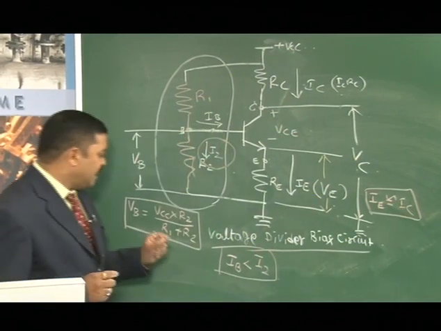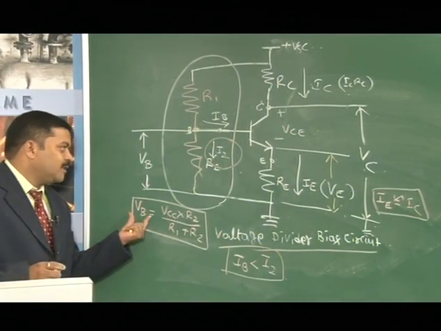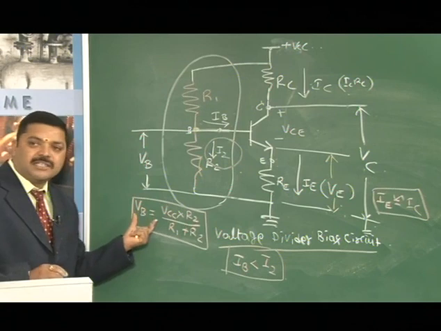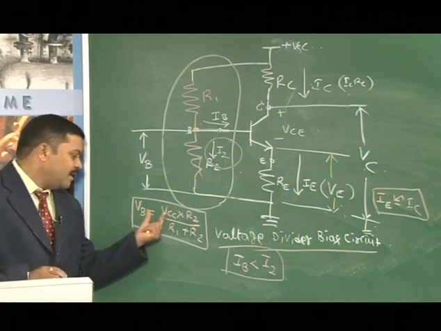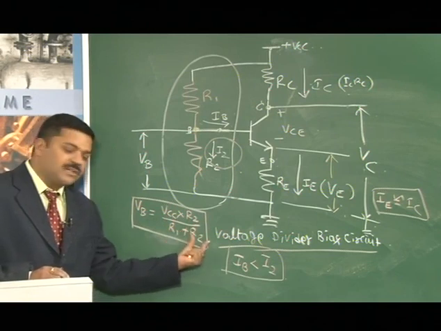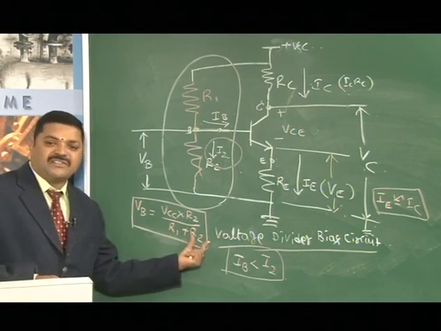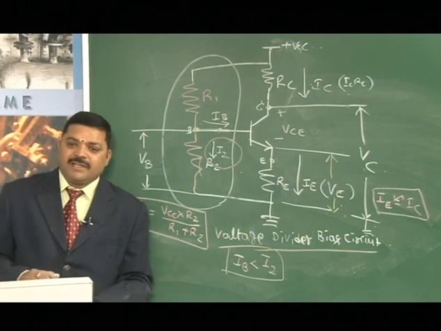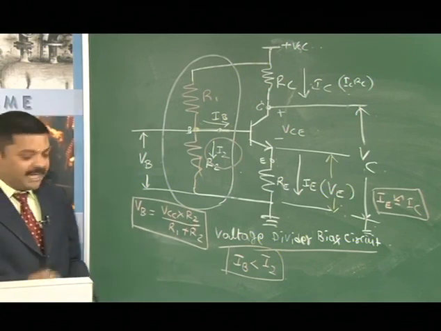The other point is VB, the voltage at the base terminal with respect to ground, which is given by VCC R2 divided by R1 plus R2, is assumed to be constant, and we therefore find out the further values, right.